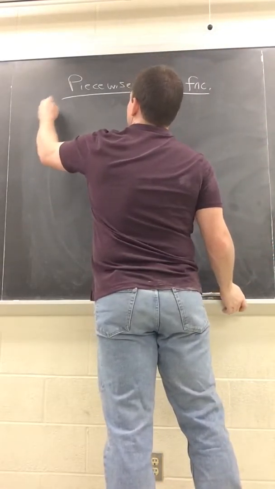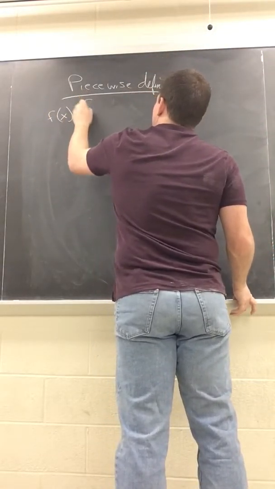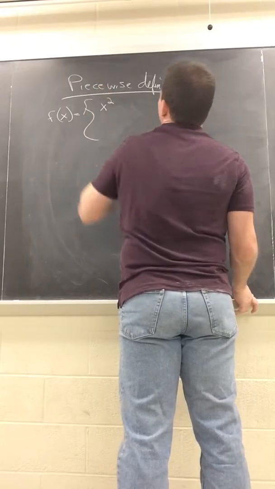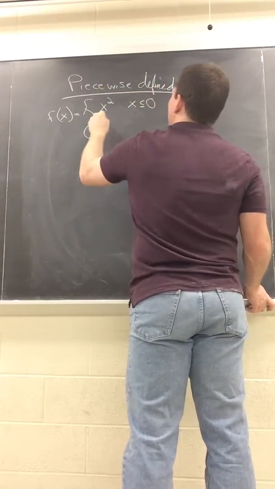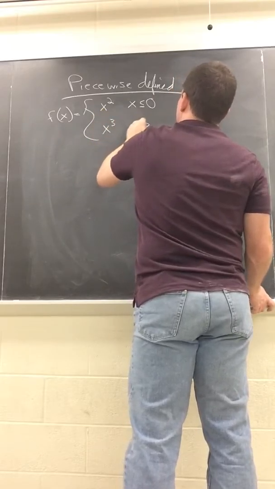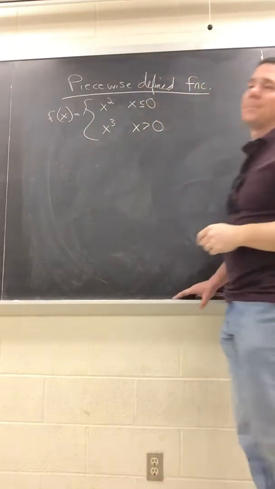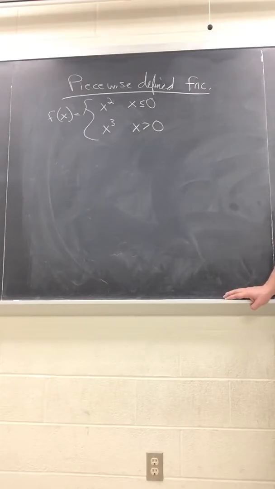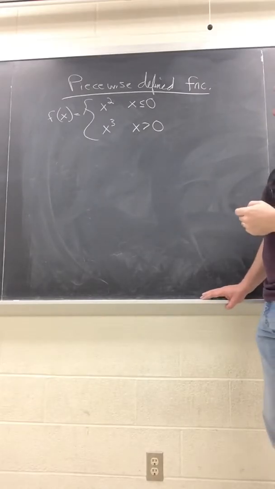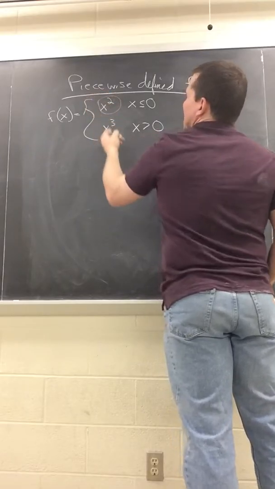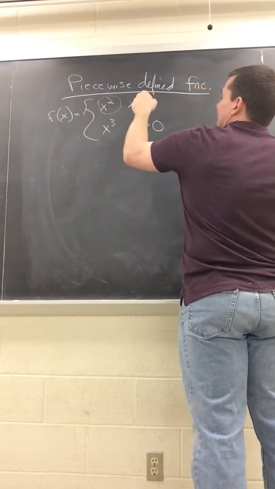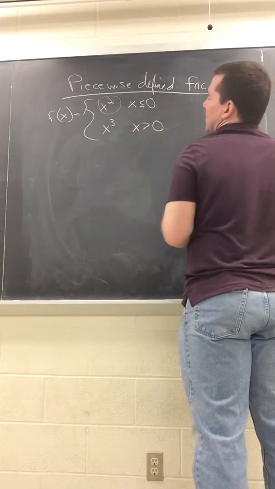So, suppose we'll start with this one. f of x equals x squared if x is less than or equal to 0, and x cubed if x is greater than 0. And yes, it looks a little bit odd, but all we really have to do, we know what the x squared graph looks like, so we can graph it, but we only want to deal with the x's less than or equal to 0.